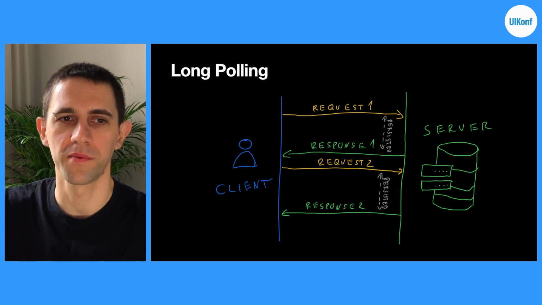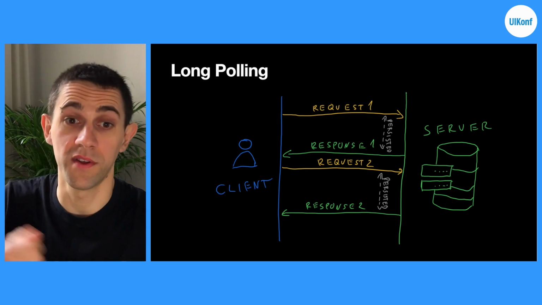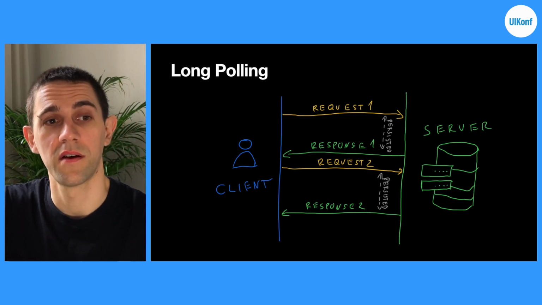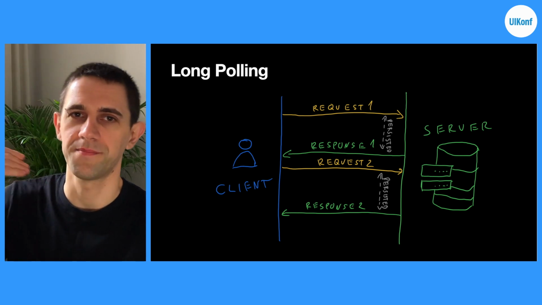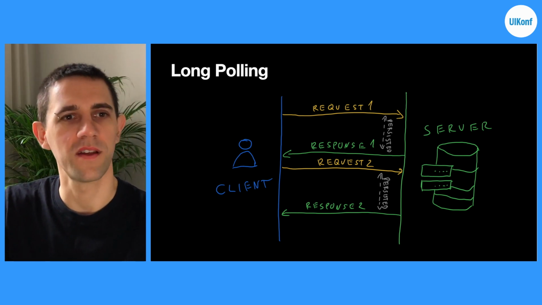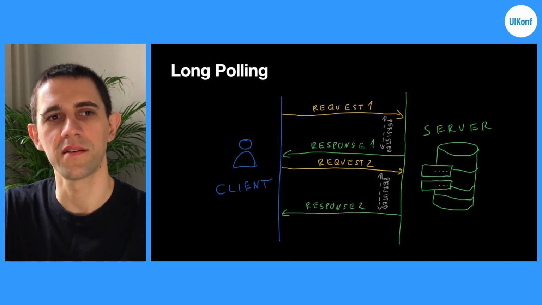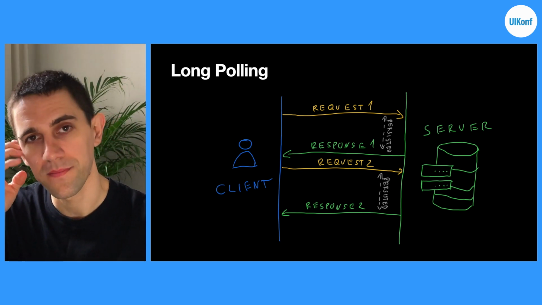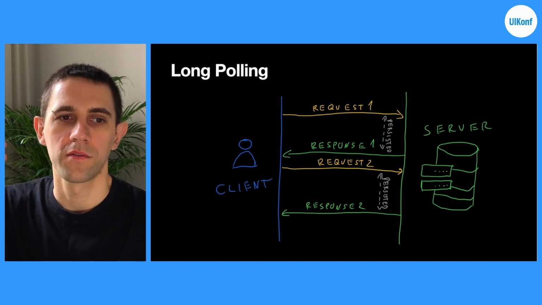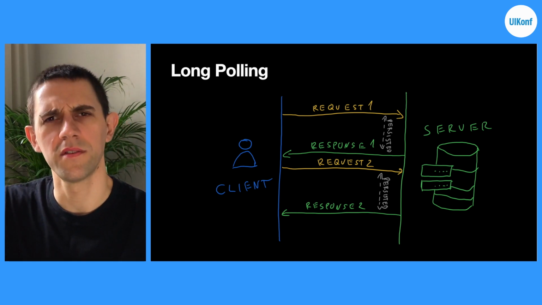And one of the most popular approaches, even nowadays, is long polling. It involves an HTTP connection staying open between creating the request and getting a response from the server. So it's quite a well-known technology, but the thing is that there are a couple of downsides.